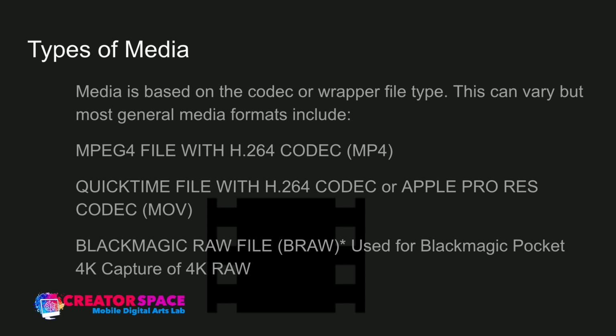Now lastly, the Blackmagic Pocket Camera can shoot a Blackmagic RAW file, BRAW, B-R-A-W, and that's used for Blackmagic Pocket 4K capture. It's like a 4K RAW, and there are different formats it can shoot in as well, but it's a raw format that allows you to change some of the metadata of the file as you're editing. So it's a very powerful tool.